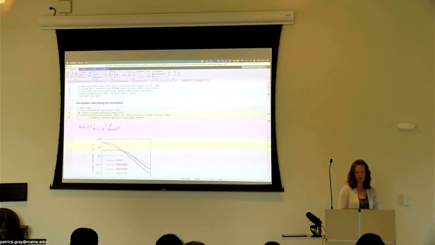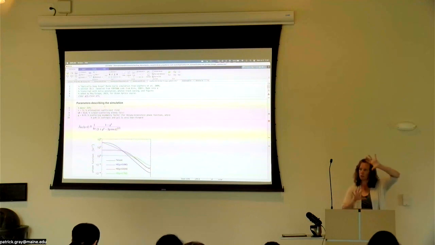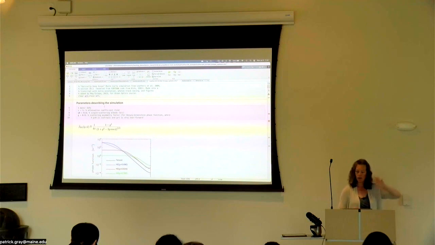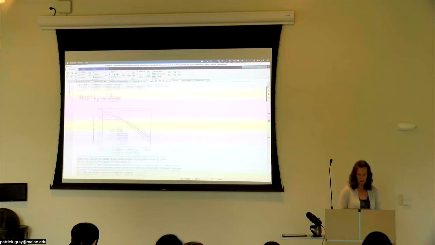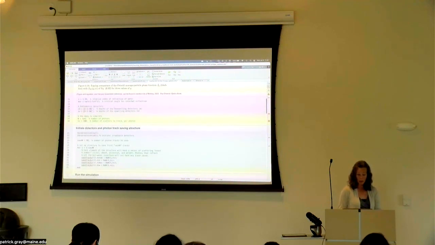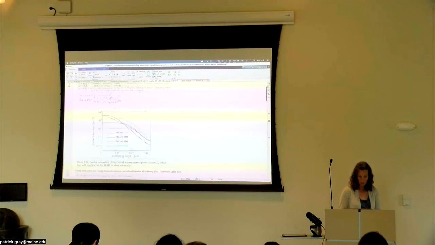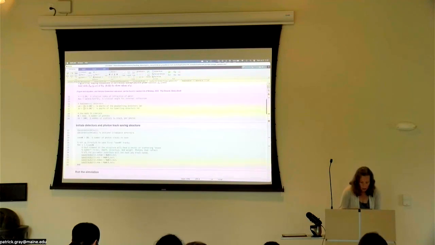You can mess around with the single scattering albedo and the attenuation coefficient to change the proportion of absorption and scattering or the overall amount of attenuation. You could, if you wanted to, change the scattering function altogether.